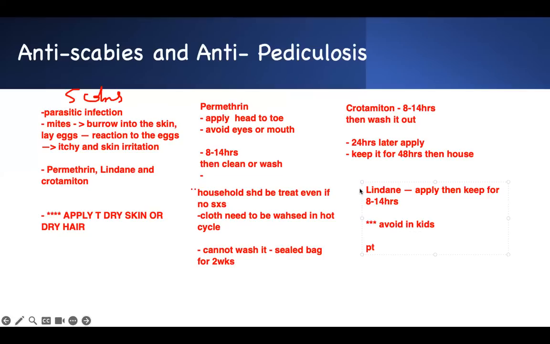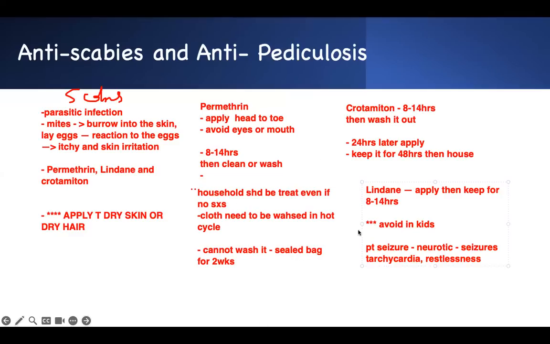People who have seizures should avoid it because it is neurotoxic and causes seizures. So if you have seizures, you cannot use Lindane. It can also cause tachycardia and restlessness. It's like atropine, but you should avoid it in people with seizures and other conditions.